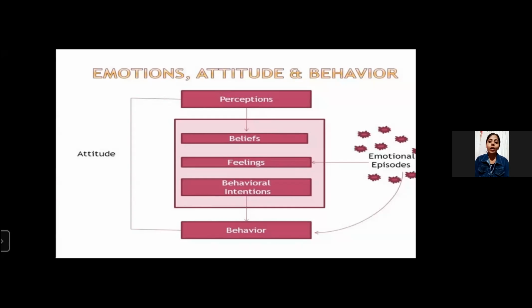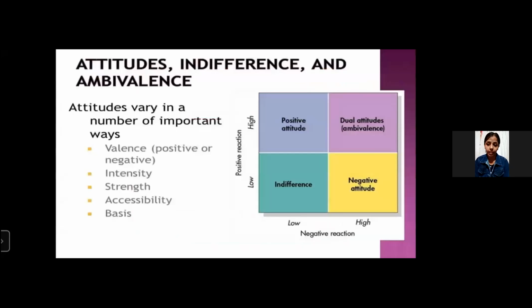Now, how are employee attitudes measured? It is basically performed through attitude surveys, collecting responses from employees through questionnaires on how they actually think or feel about their job, work groups, supervisor, and their organization.